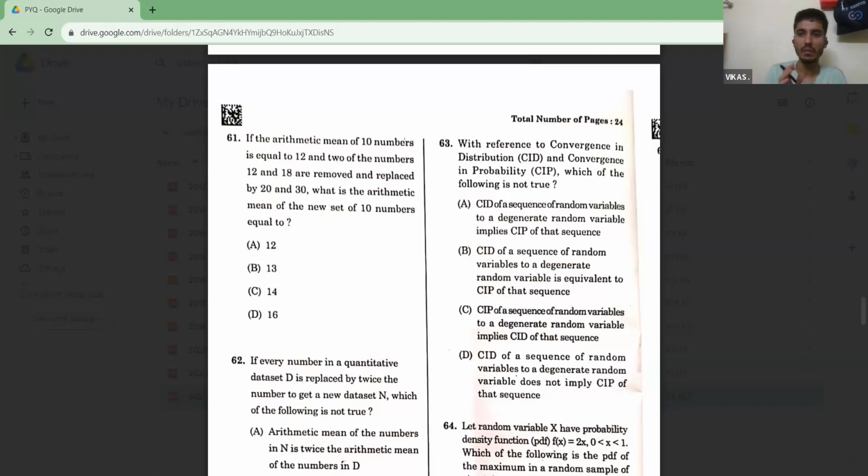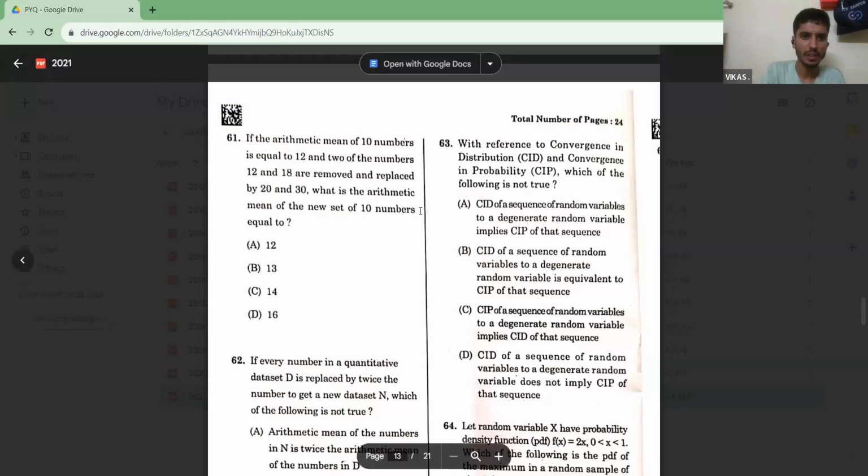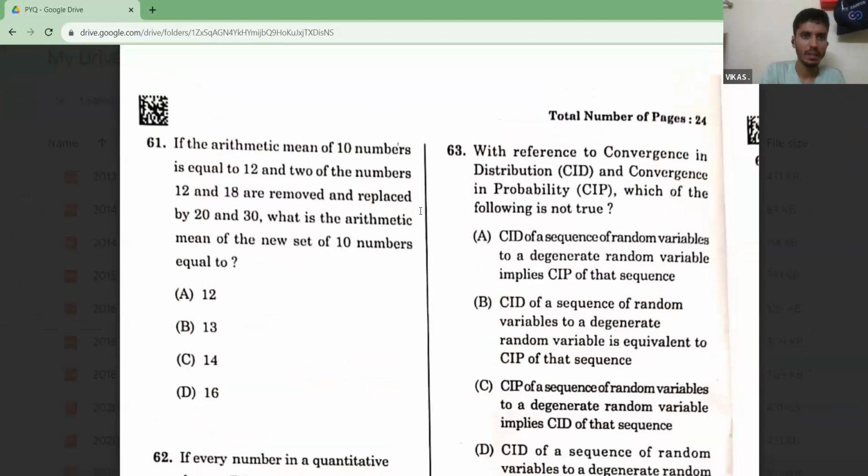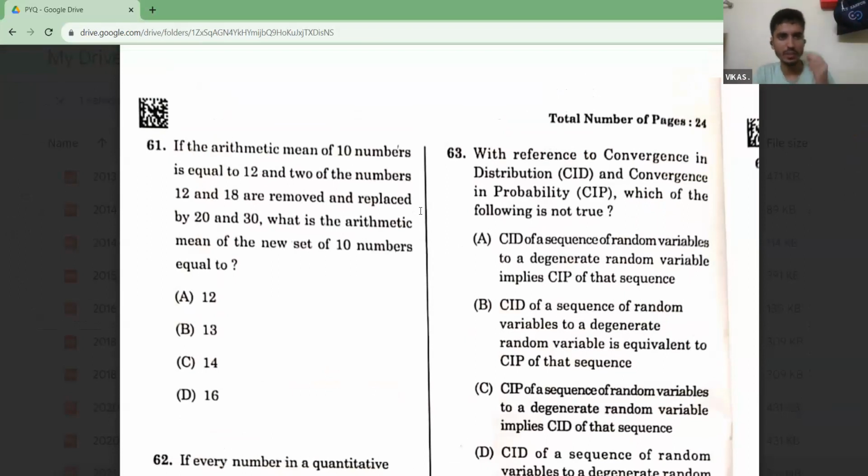There are always 5 to 10 questions of this kind where you don't require deep understanding of any topic. You just have to understand the question. So, for example, this is question number 61. Did anybody try this question?